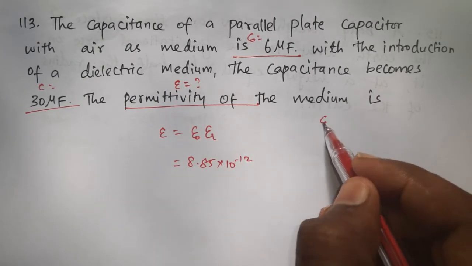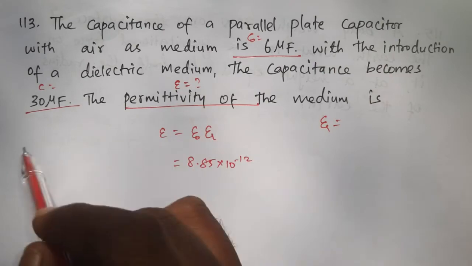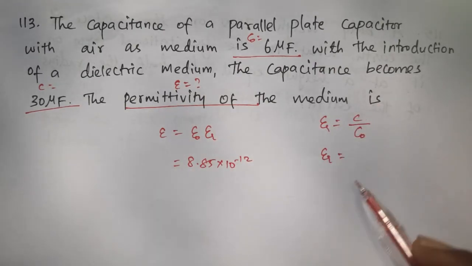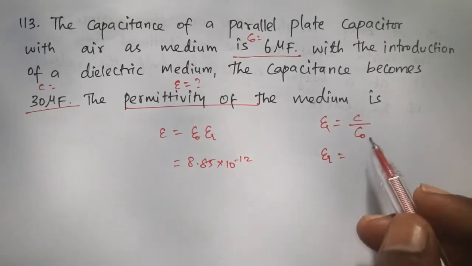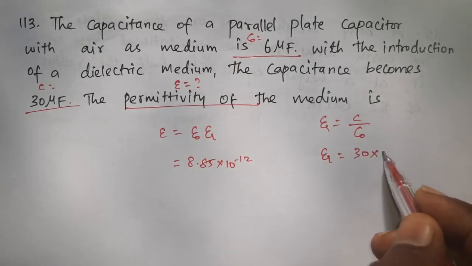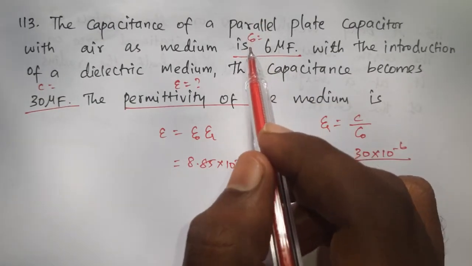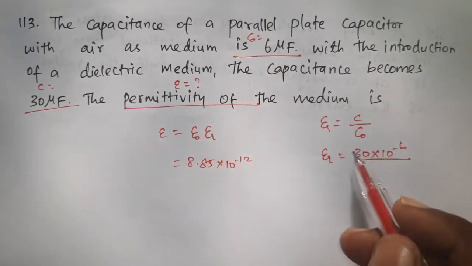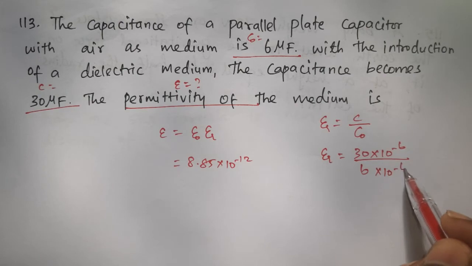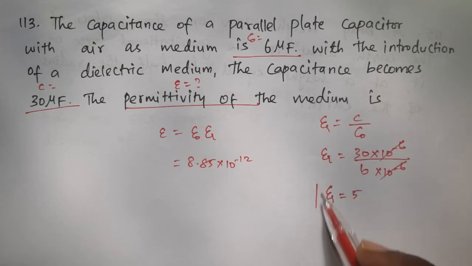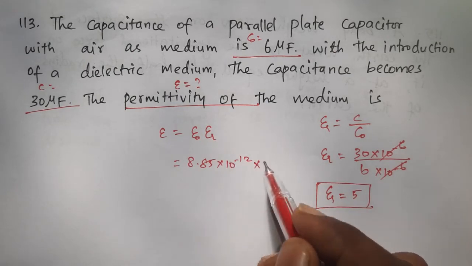So epsilon r value we can find with the help of this capacitance. Epsilon r is equal to C by C naught. So epsilon r is equal to C value is 30 micro, micro means 10 power minus 6, divided by C naught, that is the capacitance in the presence of air medium, so 6 micro, 10 power minus 6. 10 power minus 6 gets cancelled. So epsilon r is equal to 5.